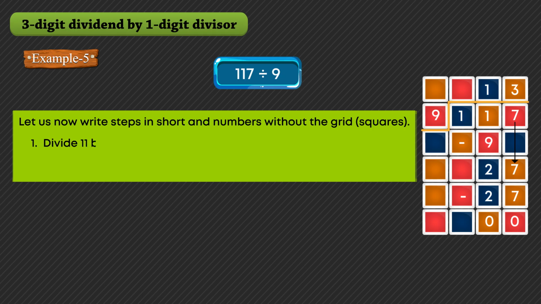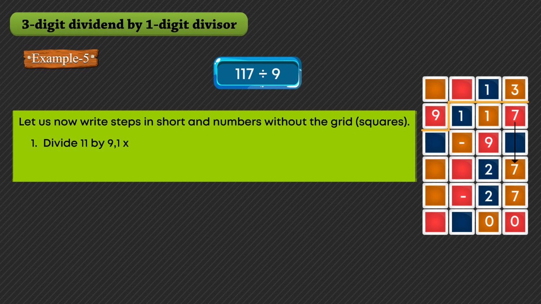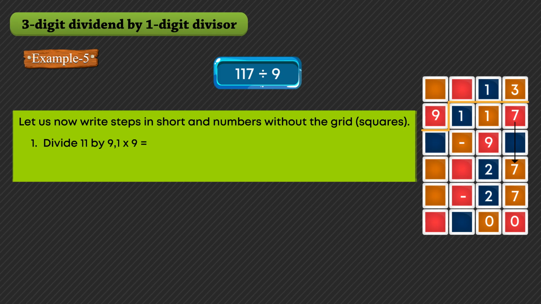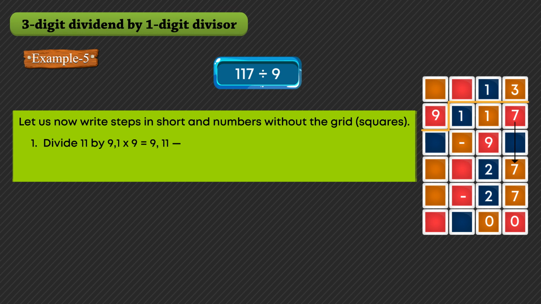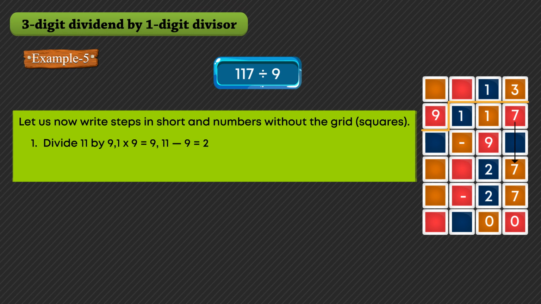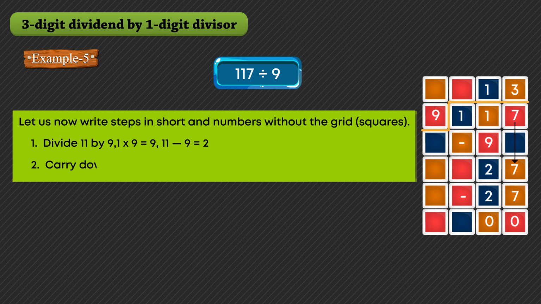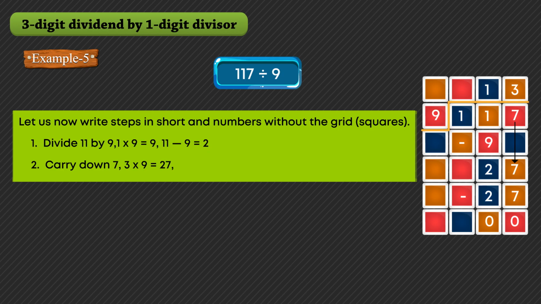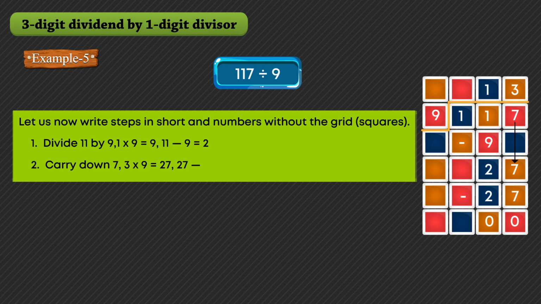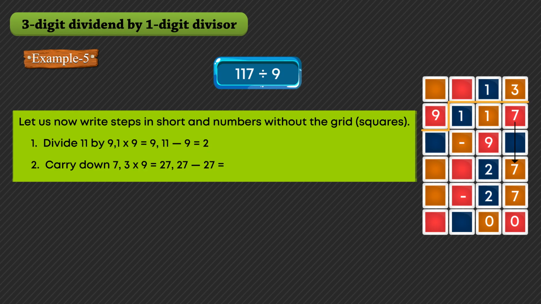Divide 11 by 9. 1 into 9 is equal to 9. 11 minus 9 is equal to 2. 2. Carry down 7. 3 into 9 is equal to 27. 27 minus 27 is equal to 0.